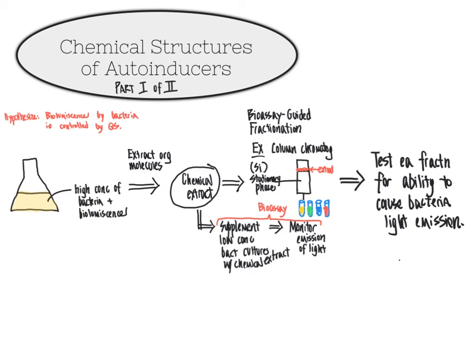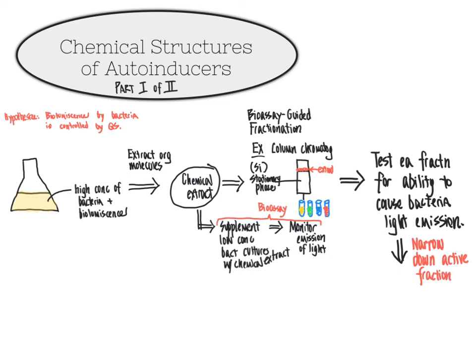In other words, the fraction will contain a mixture of compounds of a certain polarity range. And so by testing each of those fractions for its ability to cause bacterial light emission, what we can do is narrow in on one or two particular fractions that elicit this biological response of triggering the bacteria to emit light. So what we can do is narrow down the so-called active fraction.